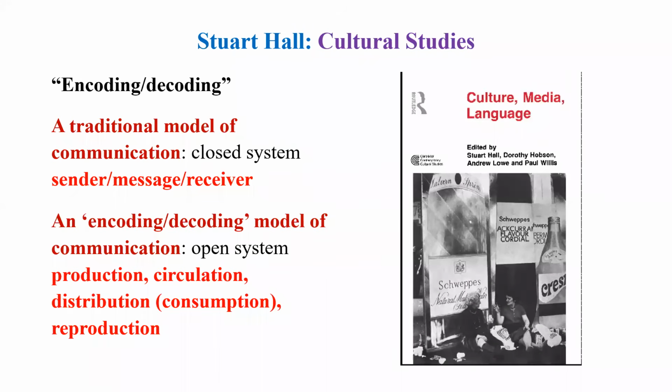If you release a video on YouTube, depending on the likes and the feedback, next time you can see a change in the video. So it's an open model. He calls this the encoding, decoding model. It involves four sections: production, then circulation, then distribution or consumption by the audience, then reproduction, where it comes back. This is the model put forward by Stuart Hall in Encoding and Decoding.